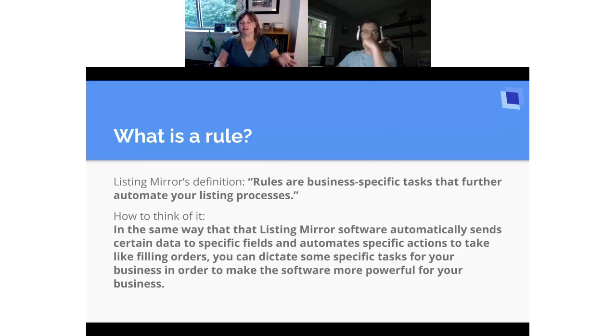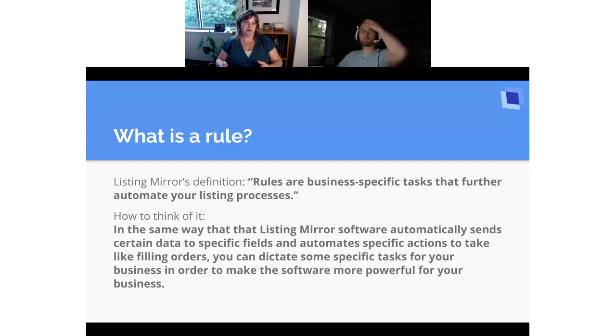So let's just start here with what is a rule. I created this working definition. Rules are business-specific tasks that further automate your listing processes. The way to think of it is, you came to Listing Mirror, or maybe you're considering Listing Mirror, in either case, because there are processes that you want to automate.